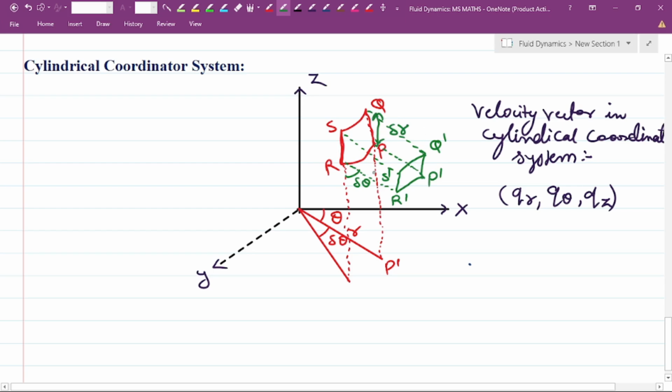Here let us consider rho is the density.